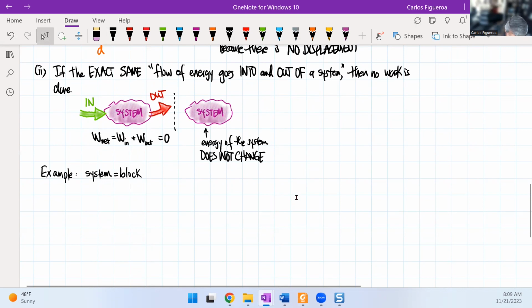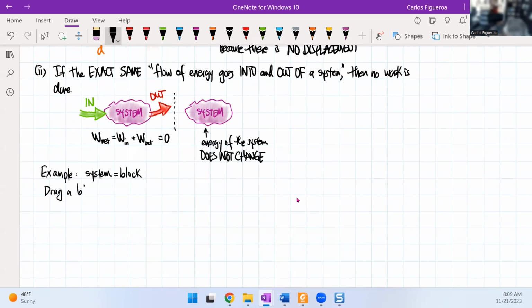Suppose that what I'm going to do here is drag a block across a surface with friction. And what I want to look at is what does work and what does not do work.